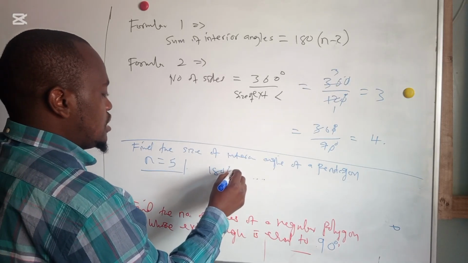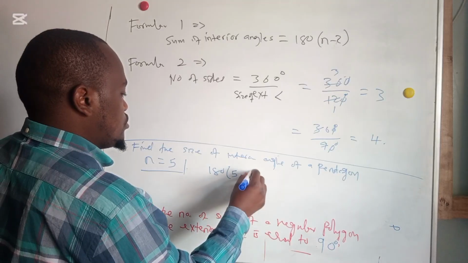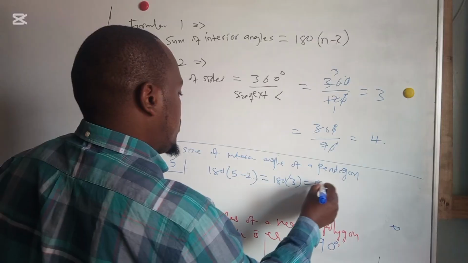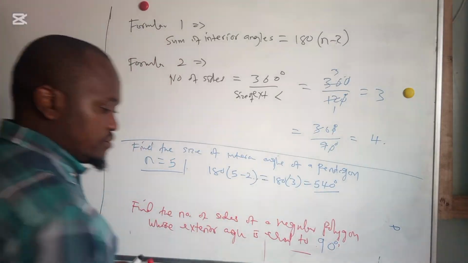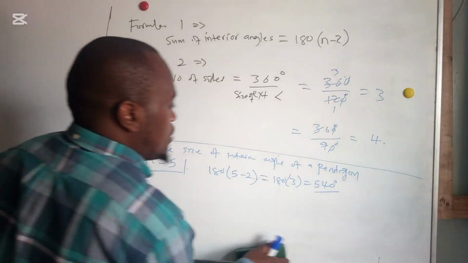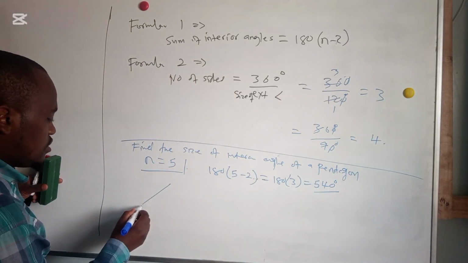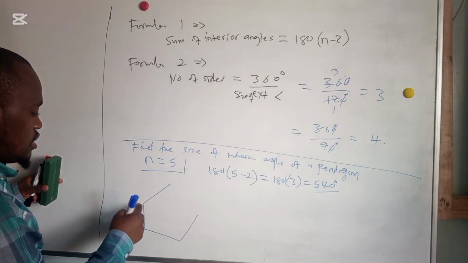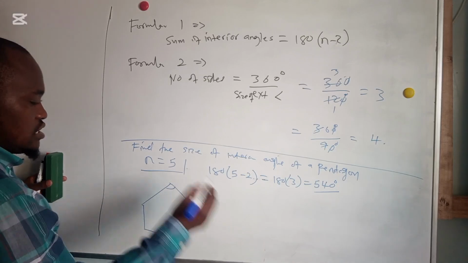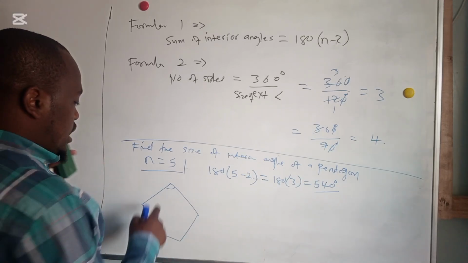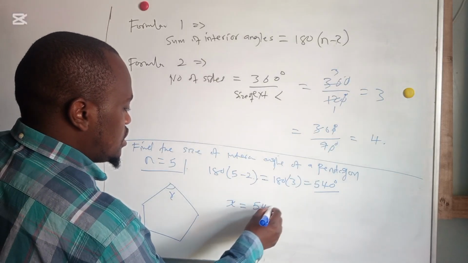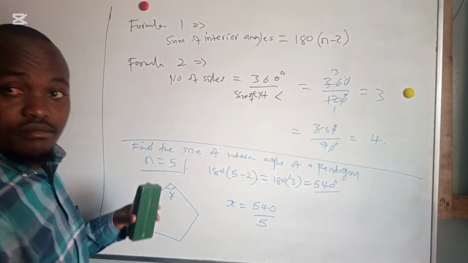180 in brackets 5 minus 2, which is 180 times 3, which is 540 degrees. Then, if the sum of interior angles here is 540 and all sides are equal, then this angle x would be 540 divided by 5 sides.